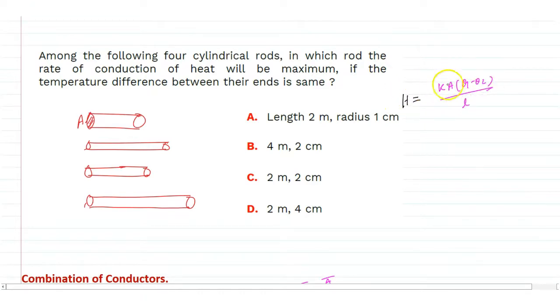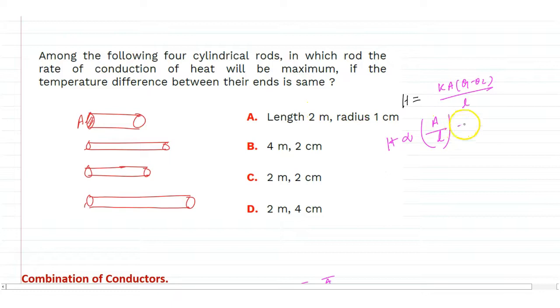If all the rods are made of the same material, K is the same for all rods, and theta 1 and theta 2 are the same, as given. Then A by L is varying. So H is proportional to A by L. A by L maximum means H maximum, A by L minimum means H minimum.